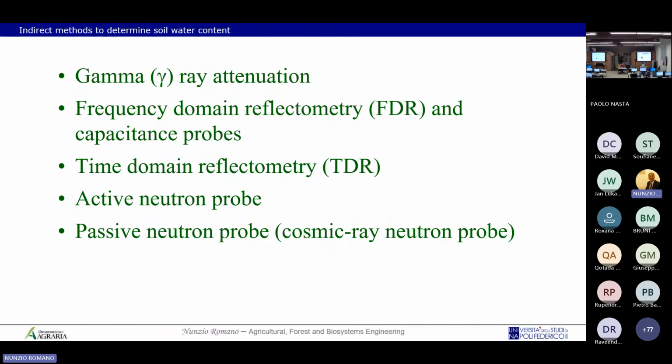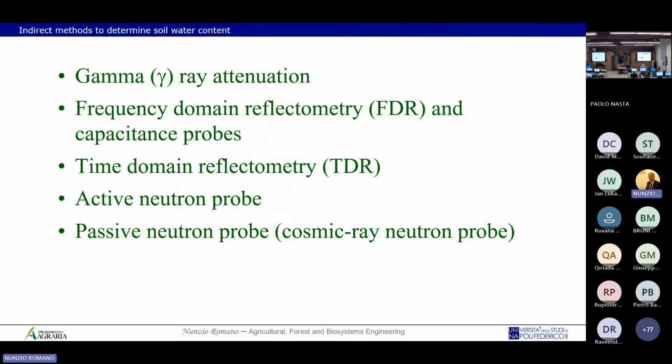But then we have the frequency domain reflectometry and capacitance probes, and the time domain reflectometry that I'm quite sure most of you know. I will talk just a bit about the active neutron probe, but the only reason is to introduce what I call the passive neutron probe, which maybe you know more, the cosmic ray neutron probe.